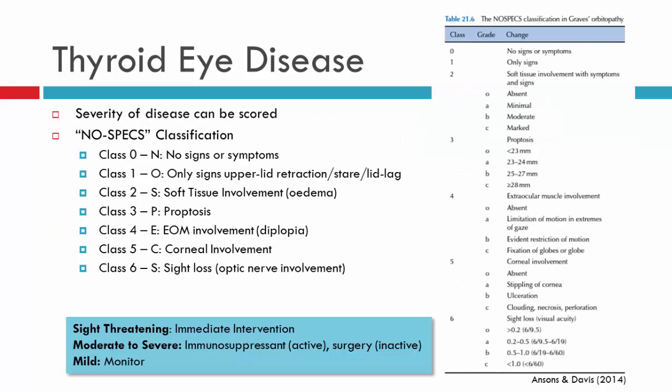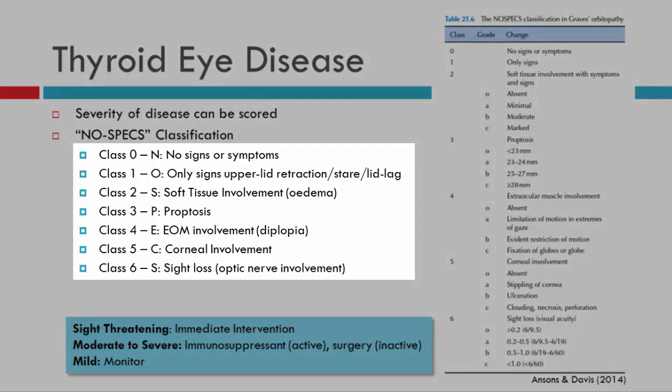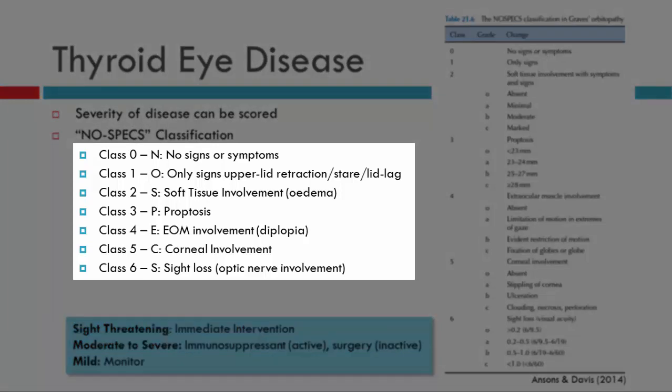Now, a classification and scoring or grading system has also been developed to determine severity. You don't need to know this in depth, but you need to be aware that a classification system does exist. It's called the NO-SPECS classification, and each letter has a meaning. So N means no sign or symptom, O only signs of upper lid, S soft tissue involvement, P proptosis, E extraocular muscle involvement, C corneal involvement, and S sight loss.